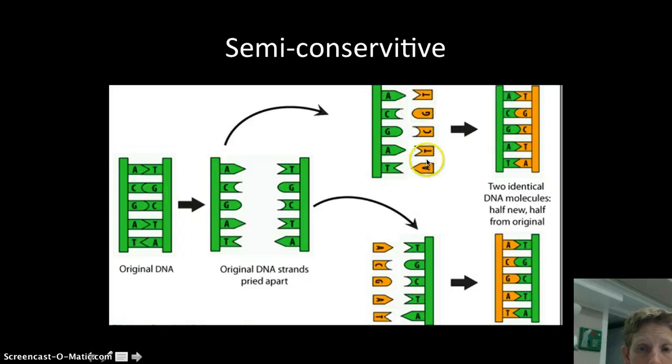And new bases pair with each of those separated parts of the DNA. So that when you have your two identical DNA molecules, so you've gone from one to two identical ones, each of the identical DNA molecules has half of the original DNA and half new DNA.